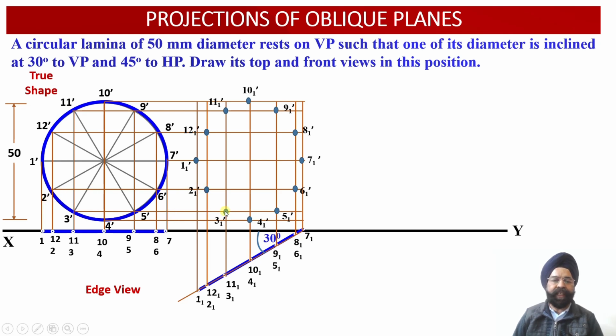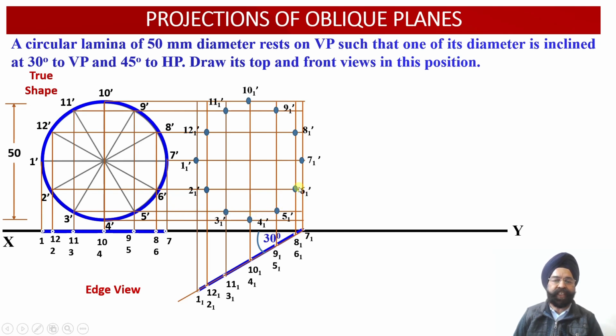Similarly, the 3 1 dash point has been obtained by the intersection of the vertical projector through 3 1 and the horizontal projector through 3 dash. Similarly, we have got 4 1 dash obtained by the intersection of the vertical projector through 4 1 and the horizontal projector through 4 dash. Similarly, the 5 1 dash point is the intersection point of the vertical projector through 5 1 and the horizontal projector through 5 dash.